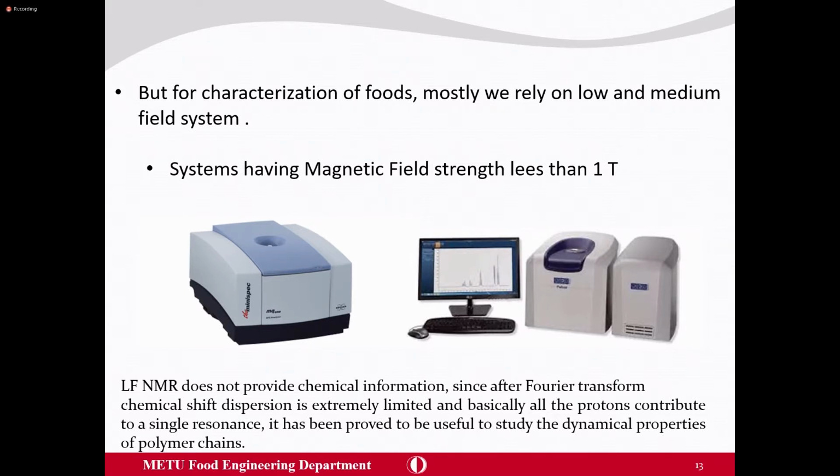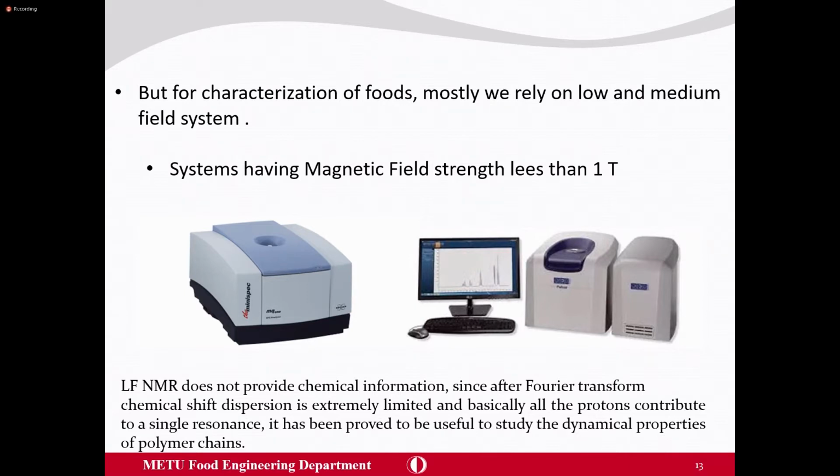And low field NMR usually does not provide you chemical information as we observe in the other NMR spectroscopy systems. Because in these spectroscopy systems, once you acquire the signal, you usually apply a Fourier transform, which helps you to identify the peaks coming from the different protons.